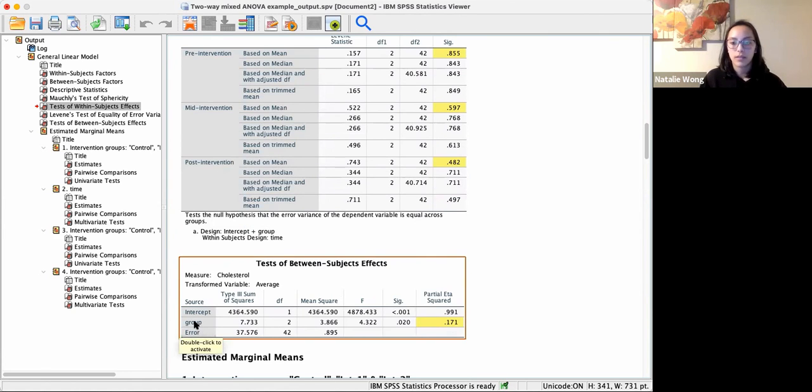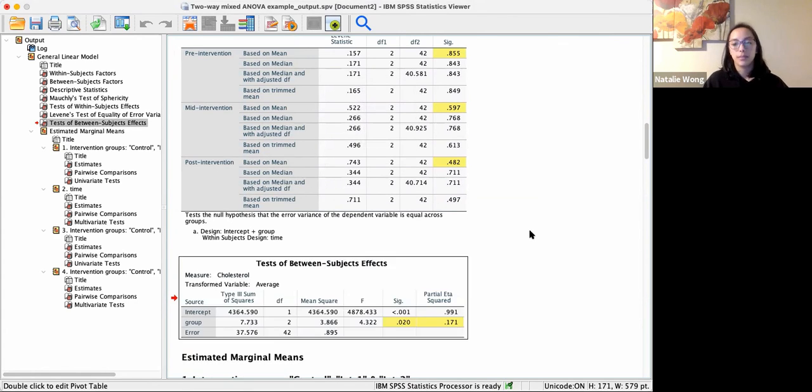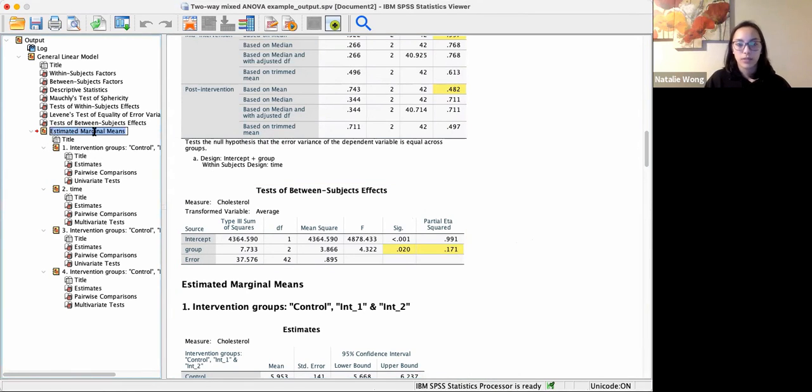That would tell us the p-value, which was 0.020. Oh, I remember because I was making separate examples for the PowerPoint. That makes sense. So we have the p-value as well as the effect size for group. Past that, we get our estimated marginal means, our pairwise comparison section.